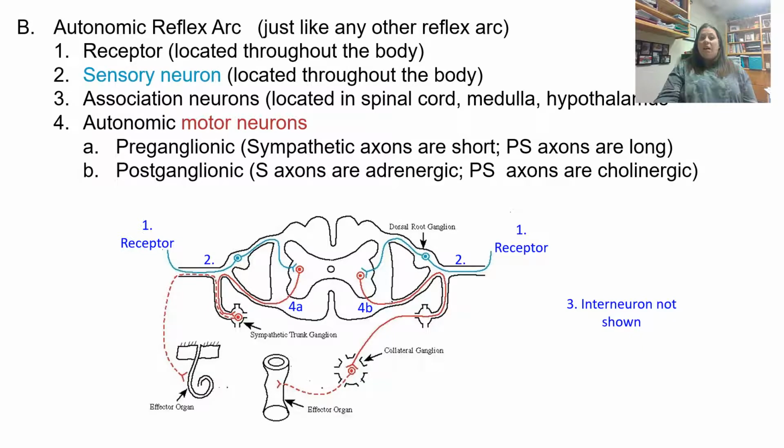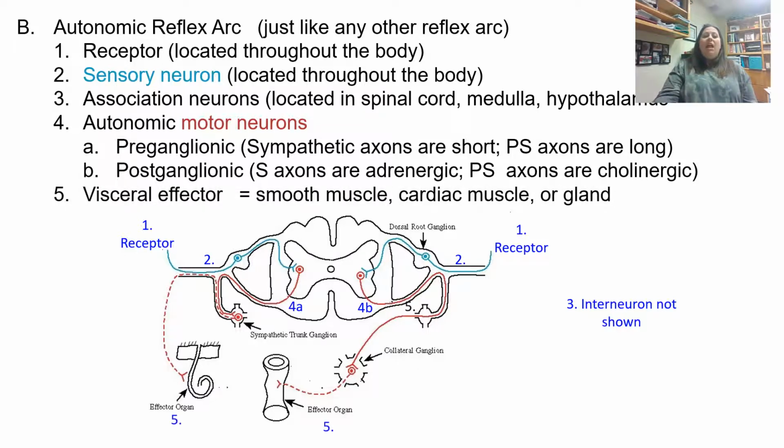Parasympathetic axons are long. With the postganglionic, the sympathetic axons are adrenergic. The parasympathetic axons are cholinergic. This is going to cause a visceral effect to take place, so the smooth muscle, cardiac muscle, or gland is going to react. Whether it contracts or relaxes or secretes or decreases secretion depends on the communication that was given.